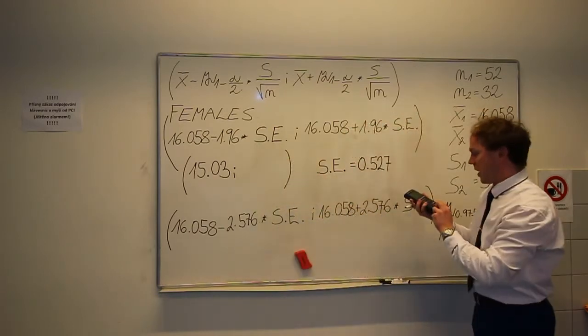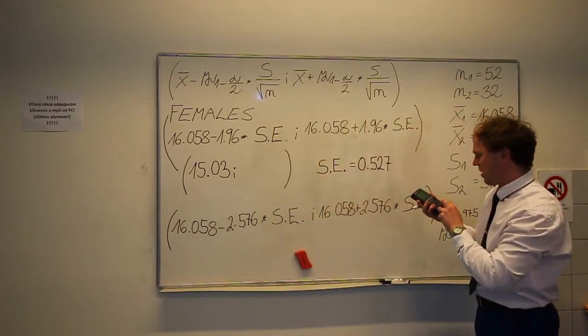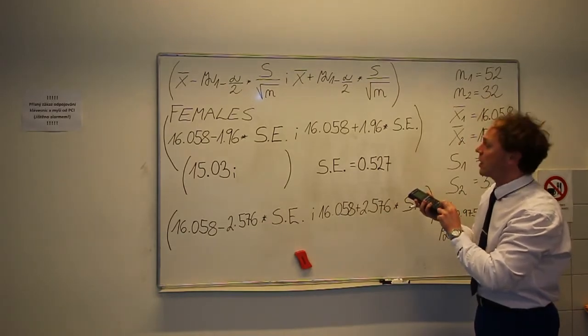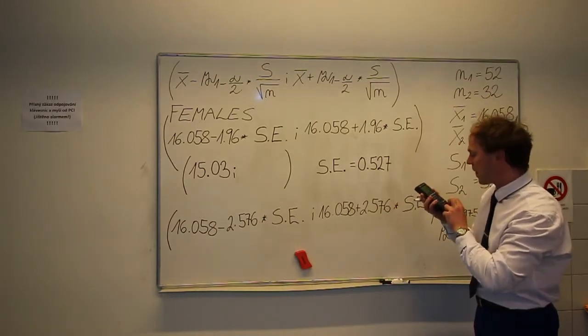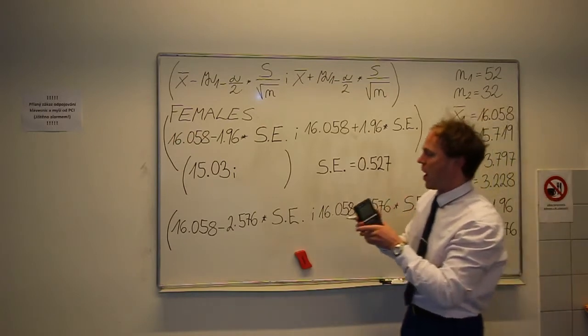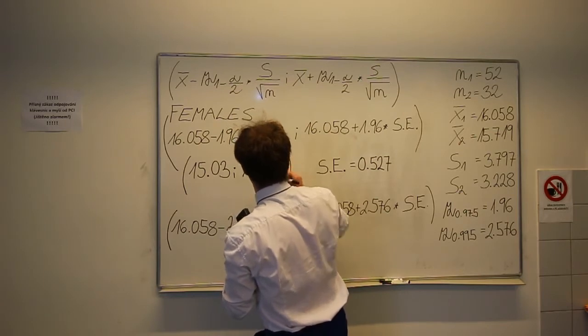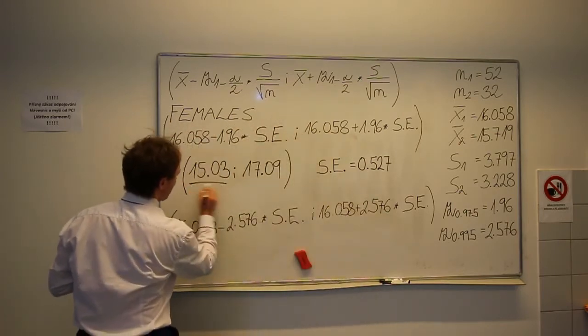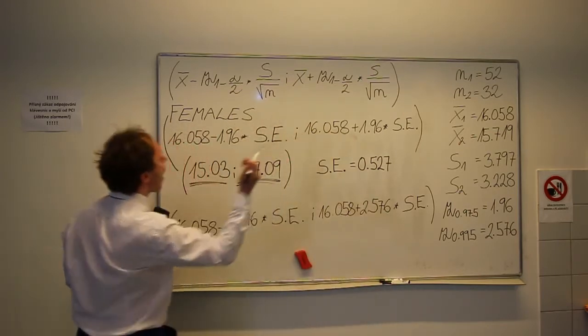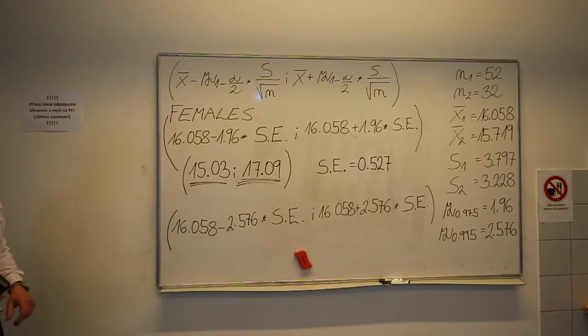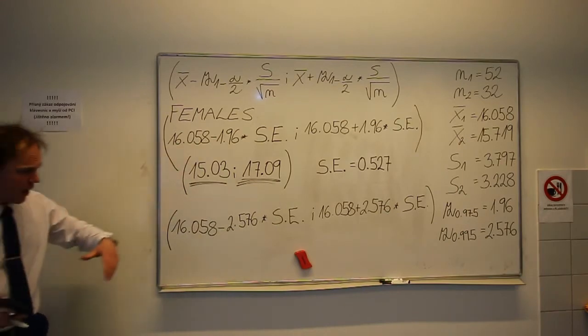And the right side, 0.527 times 1.96 plus 16.058, 17.09. Yes, the left bound, right bound, 95% confidence level.